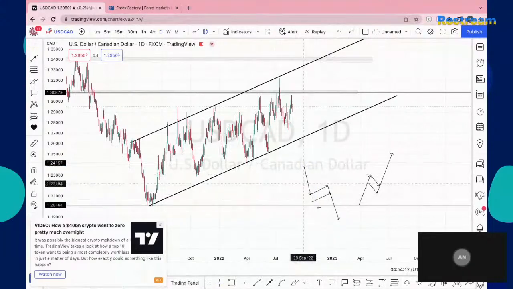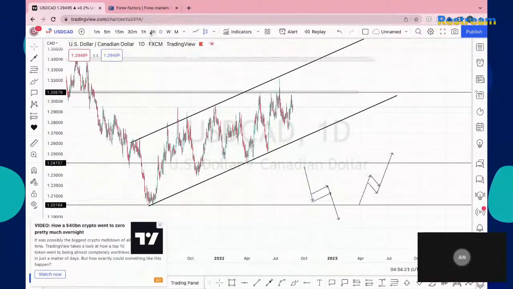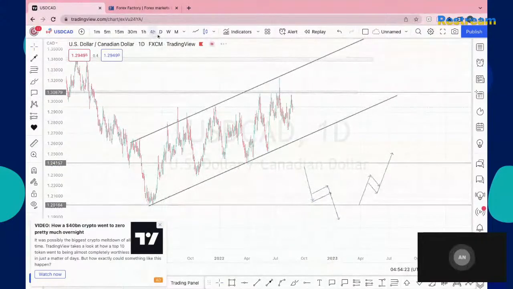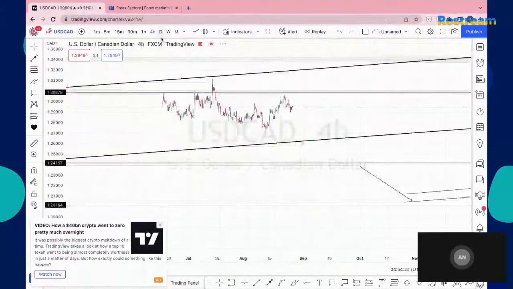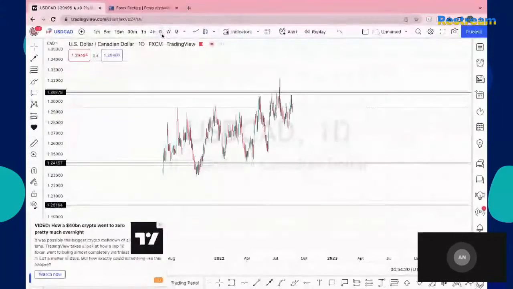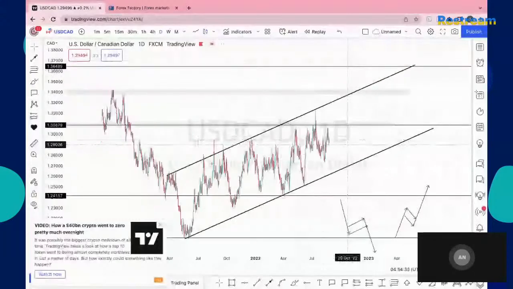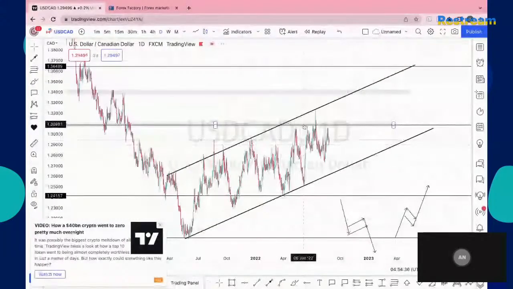I'll show you confirmations on lower time frames. Obviously higher time frames give confirmation as well. So let me explain. Not looking at that overall weekly, it may be a bear flag.